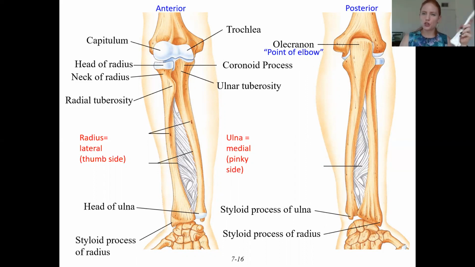So your ulna allows your arm to bend like a hinge joint, like this, as the olecranon rotates around the trochlea, whereas the radius allows your arm to move like this, because the head of the radius here, and that little divot point, is going to allow for some rotation, some pivot around the capitulum.